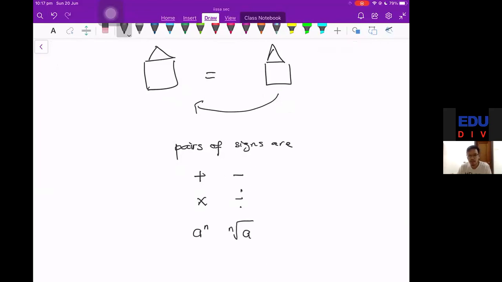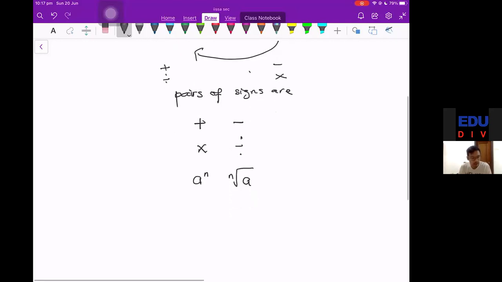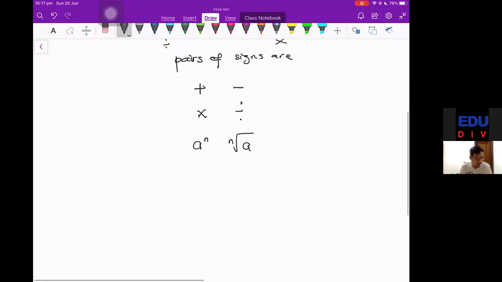So whenever you want to change, let's say here we have negative, if you want to go to that side, you need to change that to positive. If here you have multiply, if you go there, you need to make sure it's divide. Okay, so let's do some examples.